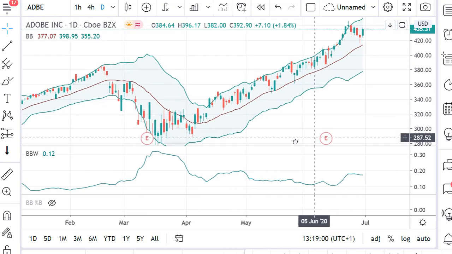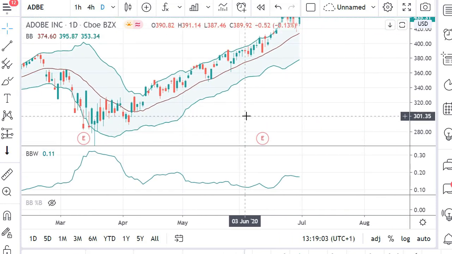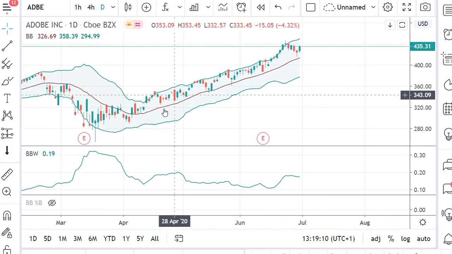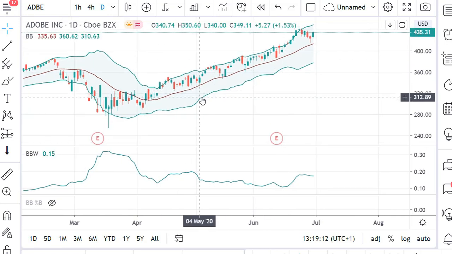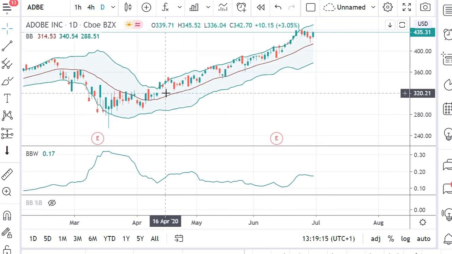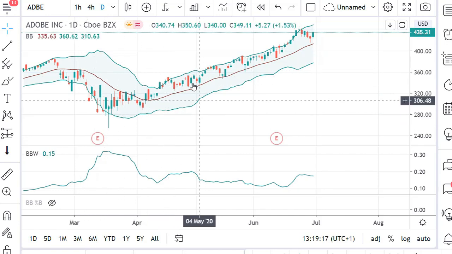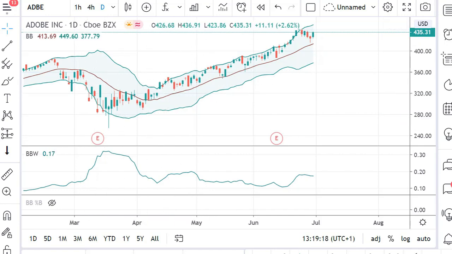Now, if we go into the chart again, what I like to use Bollinger Bands for as well is trend confirmation. And when a trend is moving nicely upwards like we see here, we often see something called walk of the upper band, or it could be walk of the lower band, but a walk of the upper band simply means that we see the price staying between the 20 SMA and up, touching maybe a bit above, but just up around the upper Bollinger Band.